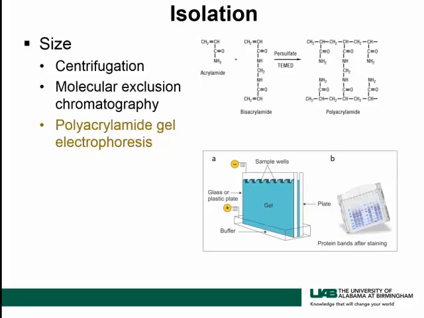And so in essence, you have destroyed the effect of shape, you have destroyed the effect of charge, and the only thing that they are separated based on is size. And so that's how you can separate these proteins.